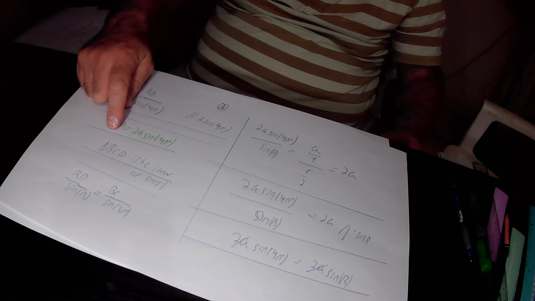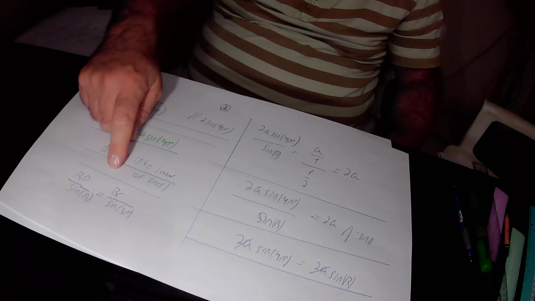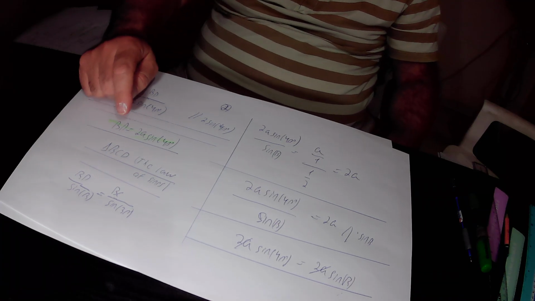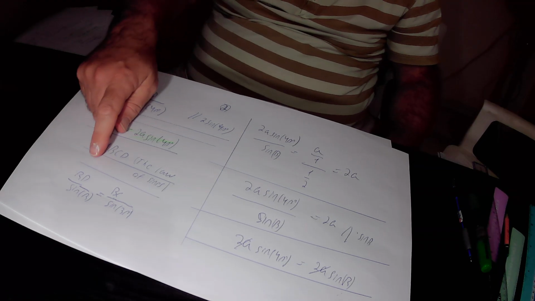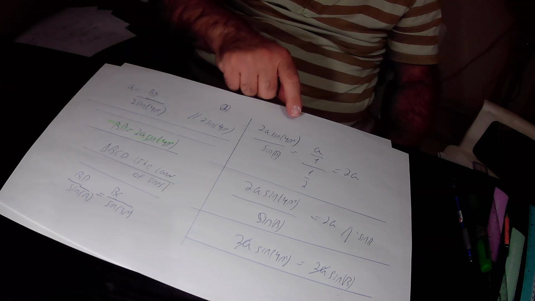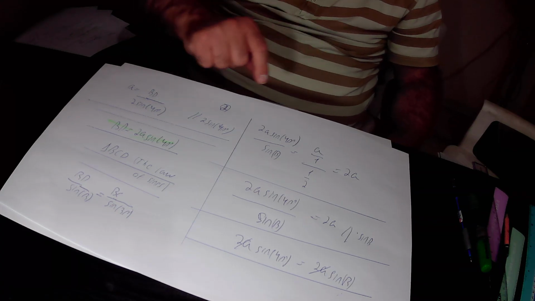We already found that BD equals 2A times sine 40 degrees, so 2A times sine 40 degrees over sine beta equals BC.